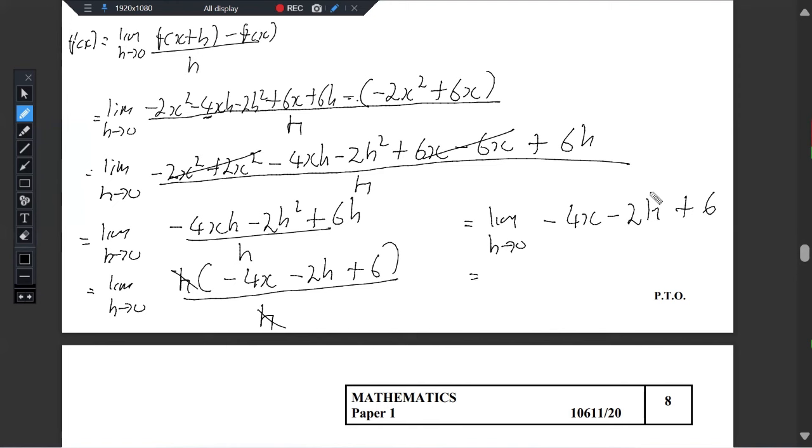Now, as soon as you want to substitute 0 to h, now you can drop off the lim h approaching 0. So now, at this point, you will say negative 4x minus 2 times (0) plus 6. So you are left with your f prime x being equal to negative 4x plus 6, right?